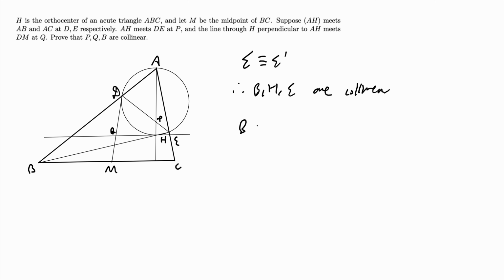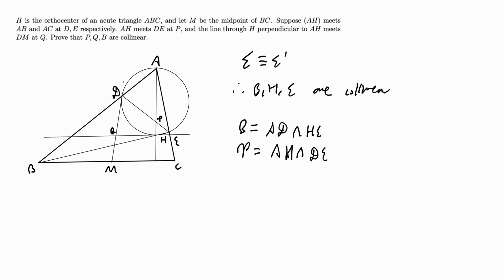So what is B? B is the intersection of AD and HE. What is P? P is the intersection of AH and DE.